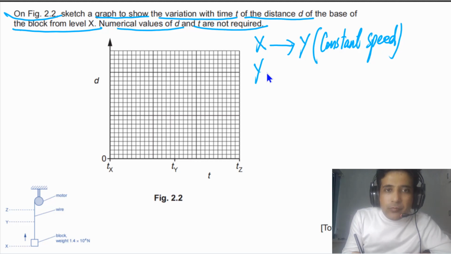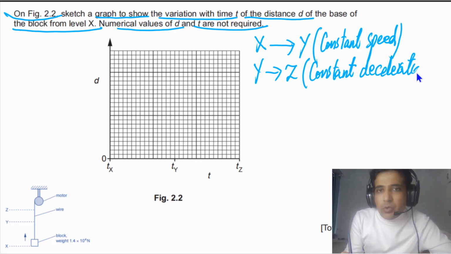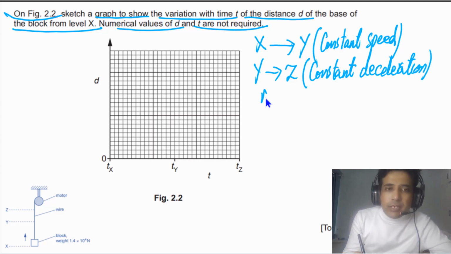And between y and z, the block has constant deceleration, meaning the velocity is decreasing at a constant rate, and the block finally stops at z. So at z, the speed of the block is equal to 0.